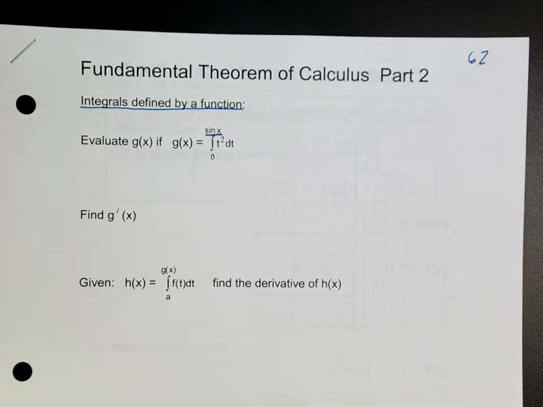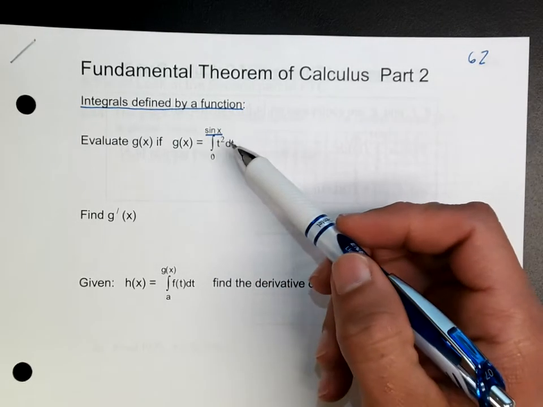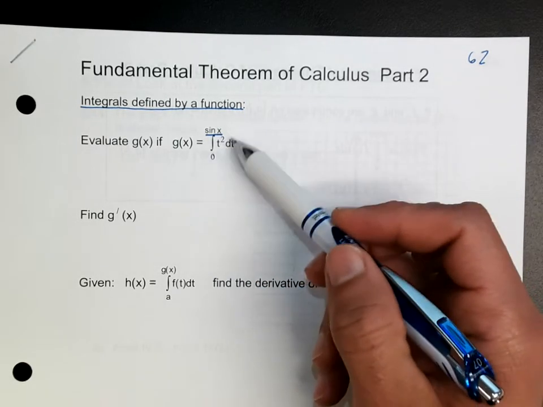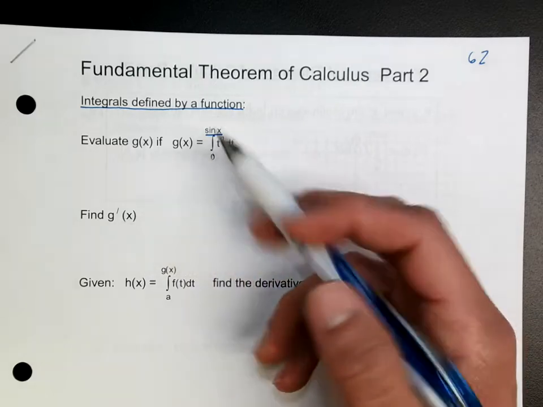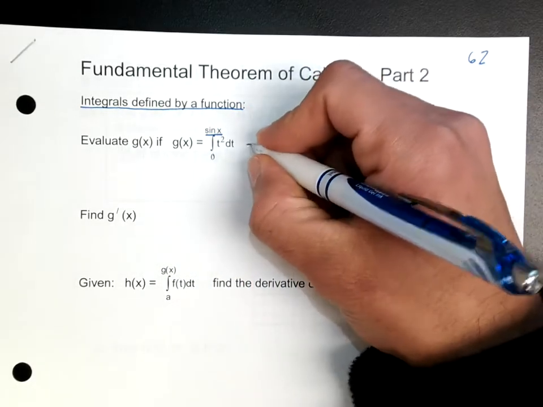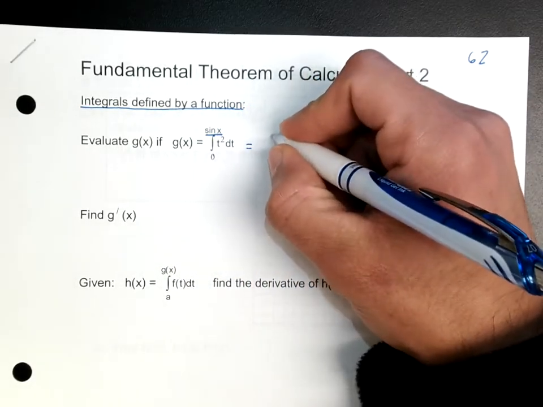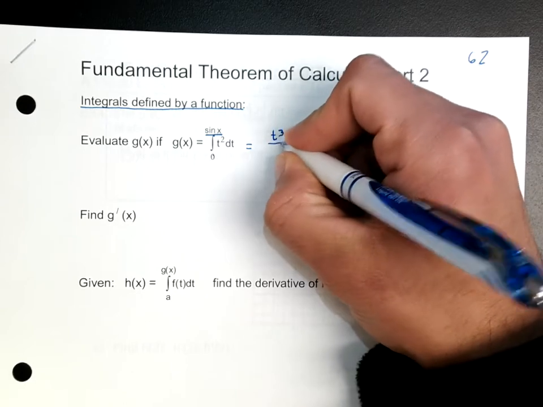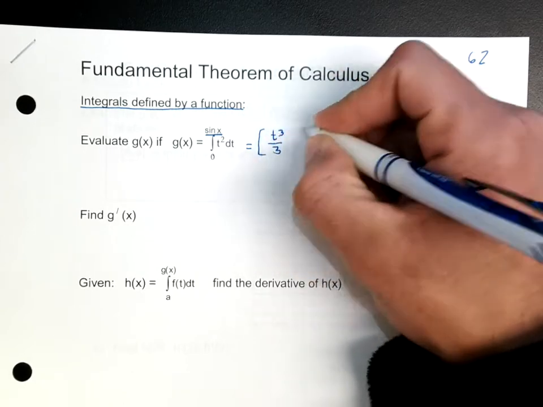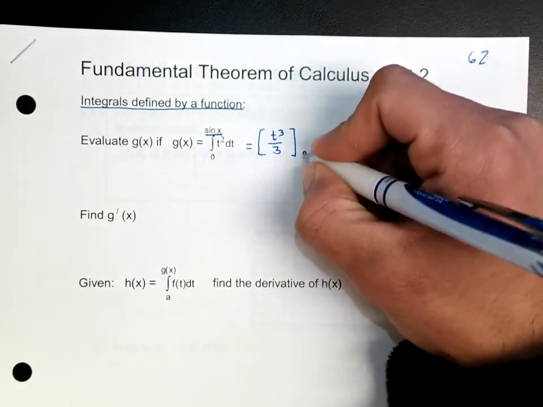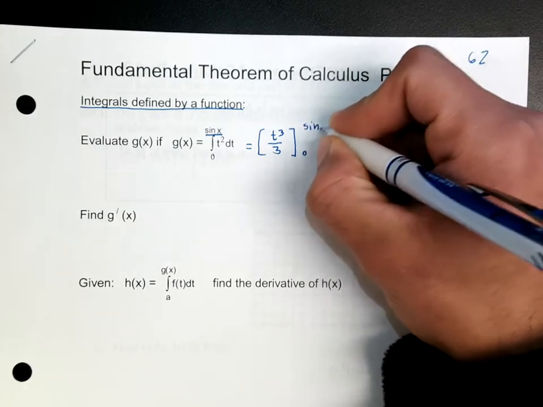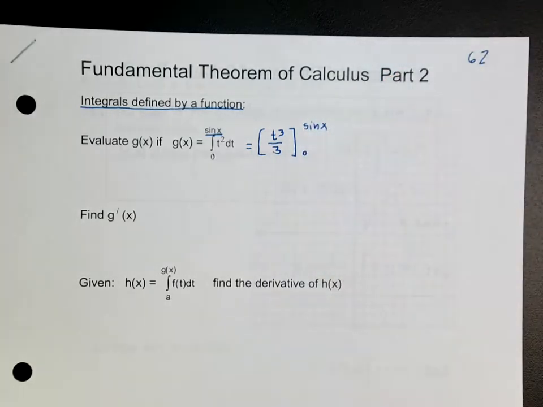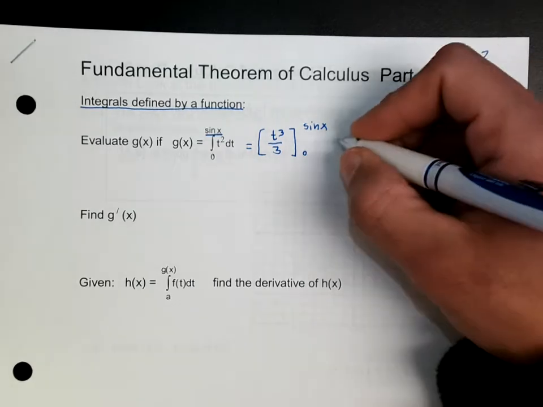Notice that after we take the integral of this, now we're going to take the derivative of that. Okay, so let's do it the way that we know how, which is you add 1 divided by 3, and we're going to find what the value is when you plug in sine x, and what the value is when you plug in 0.